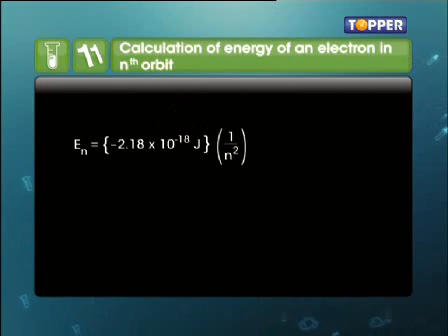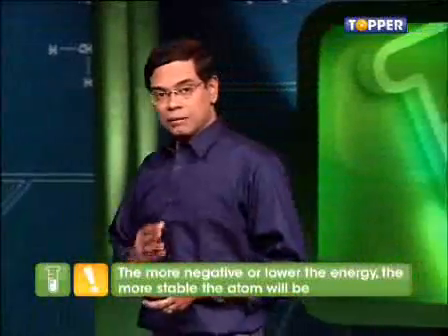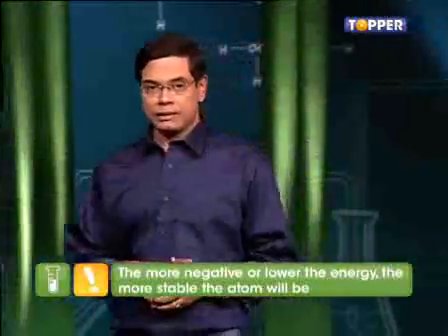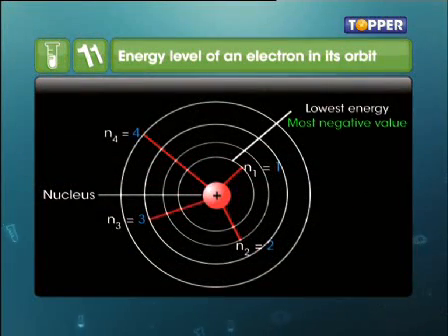The energies of the electron of a hydrogen atom given by this equation are negative for all values of n. Now, according to this formula, the more negative or lower the energy, the more stable the atom will be. That means the energy is most negative or lowest when n is equal to 1.